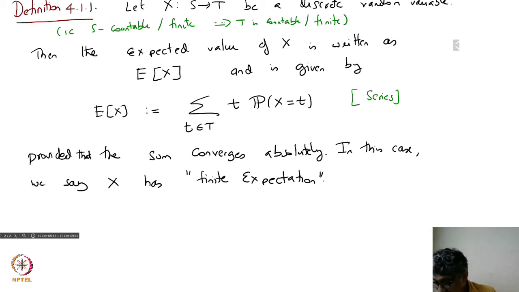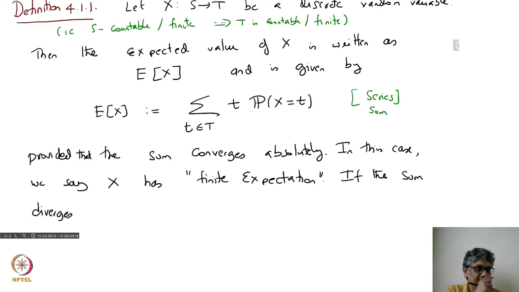So now what happens if the sum diverges? The sum, as this is called a series. If the sum diverges, then we'll say that the random variable doesn't have expectation.